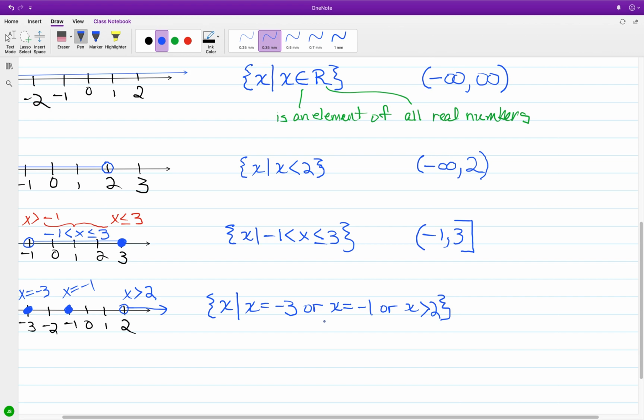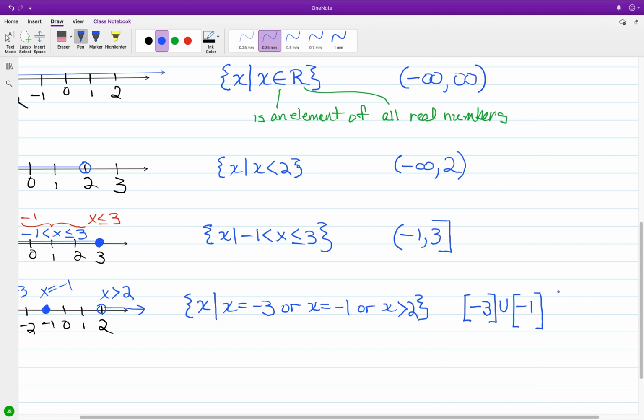And for what we have in interval terms, again we have itemized values at -3 and -1. Since we're exactly on -3 at the start, that is going to be enclosed in the brackets. And we have -1, its own point, it is included, that is also in brackets.